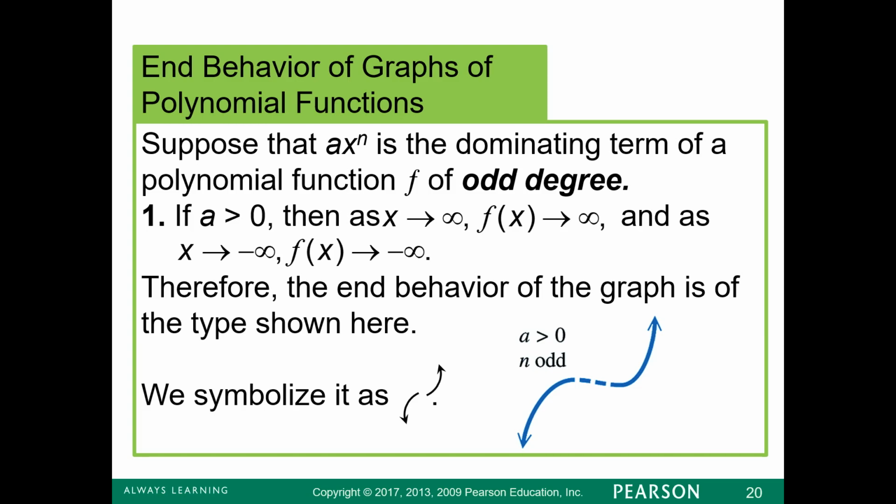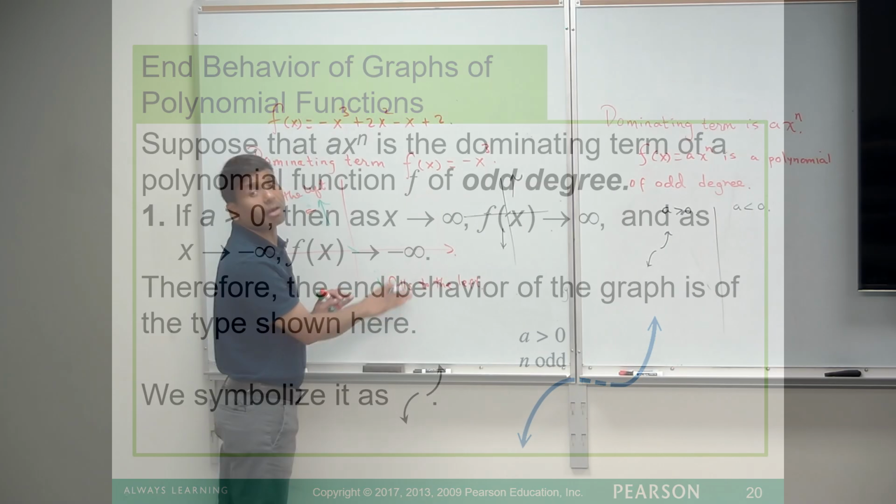Now, if A is negative, so you have a dominating term ax to the power n, and f(x) equal to ax to the power n is a polynomial of odd degree. If A is negative, remember the graph of f(x) equal to negative x cubed. What will happen? It rises to the left and falls to the right.